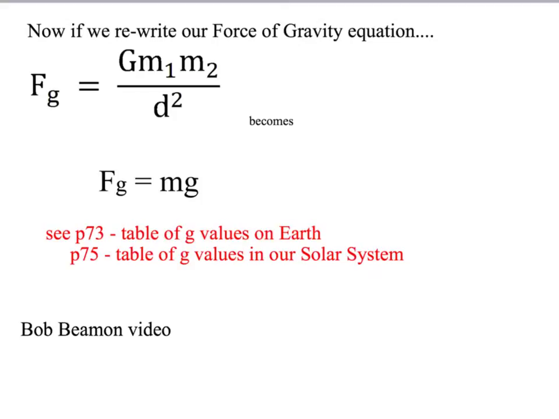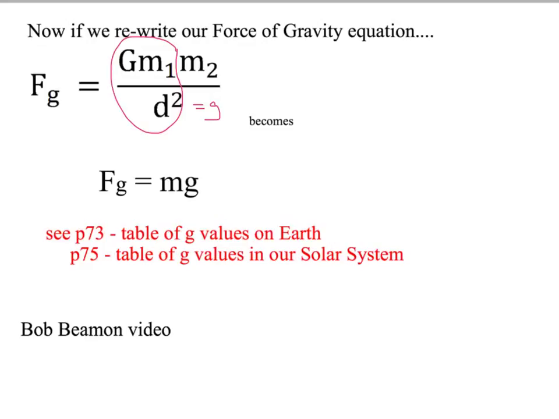On the surface of the Earth, little g is actually not a constant. That's due to a few reasons. Just remember that little g depends on the mass of the Earth and d, which is the radius of the Earth. Mass of the Earth is a constant, but the radius of the Earth isn't.